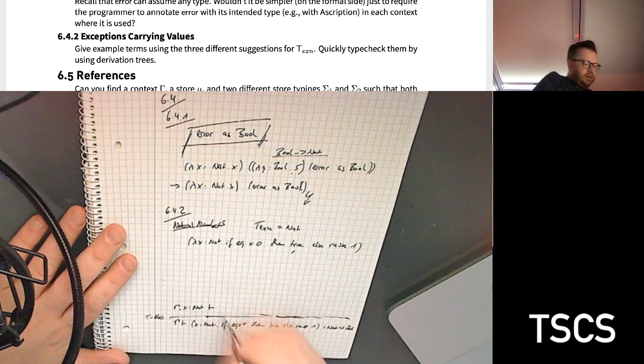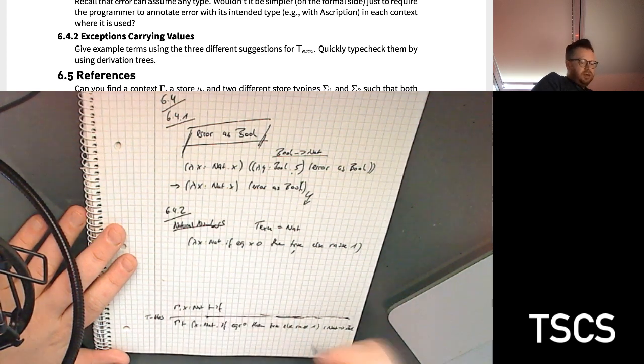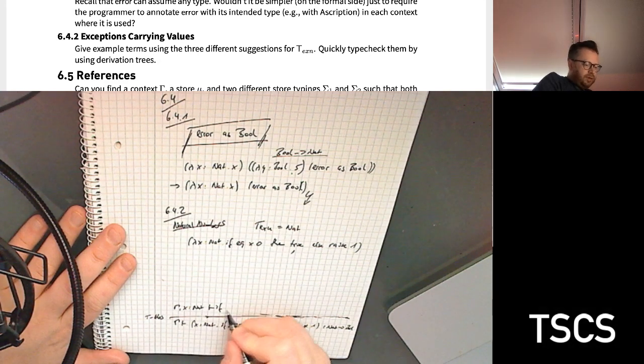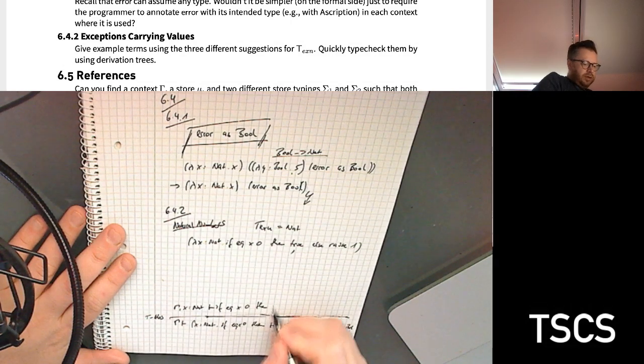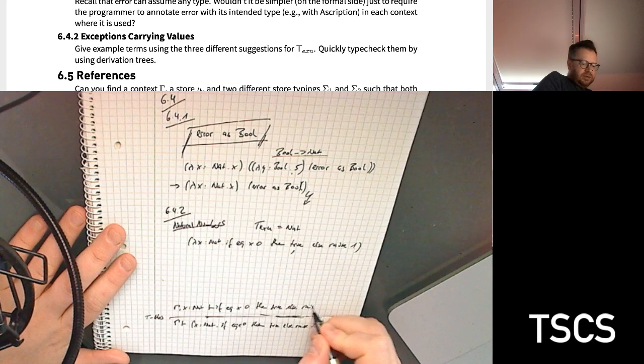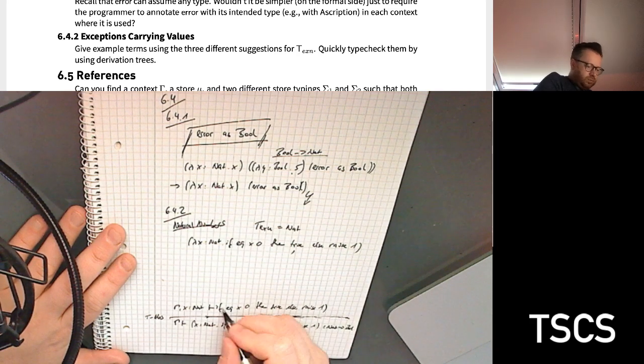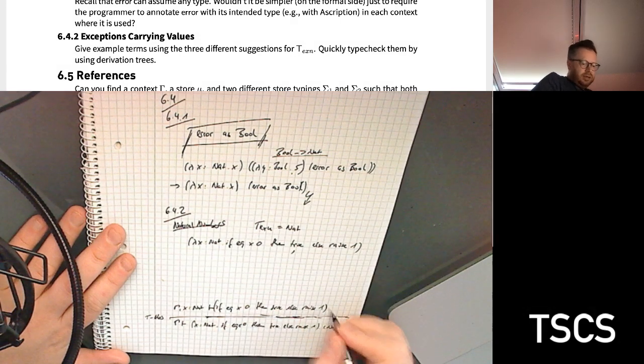And then your idea is, because you take the right part of the function type and put it here on the right part again, so if EQ x0, then true, else raise 1, it should be of bool.